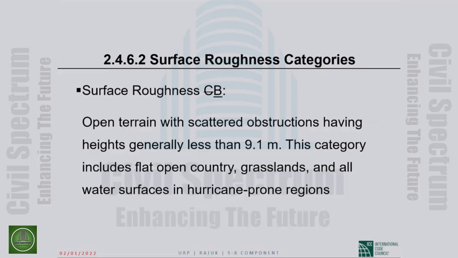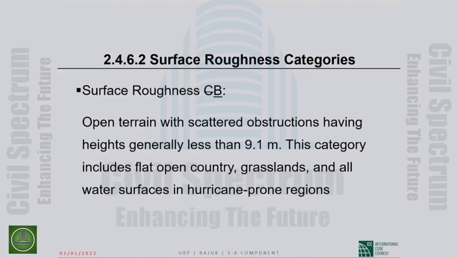This category includes flat open country, grasslands, and all water surfaces in hurricane-prone regions. Okay, so B is flat open country. Category A is suburban. B is flat open country, grasslands, and wind coming over the water in cyclone-prone regions.